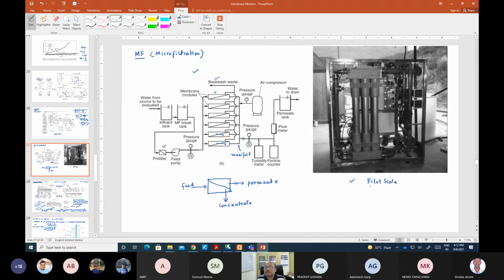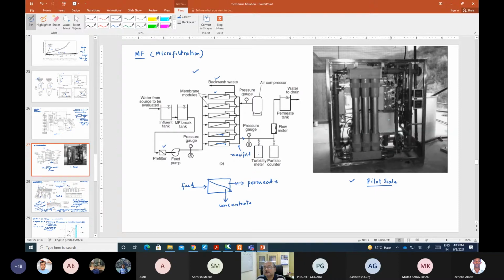Many times before we get into the real life scenario, we just do a pilot scale study to understand the water characteristics and how these membrane modules can be arranged and what the efficiencies will be.